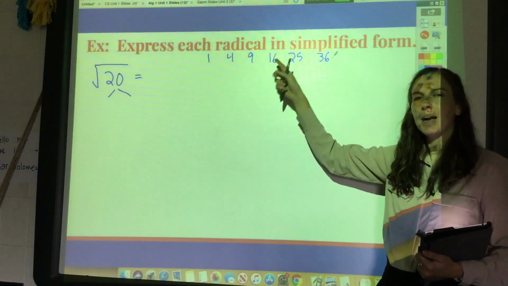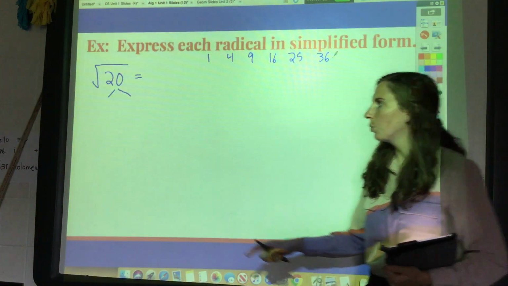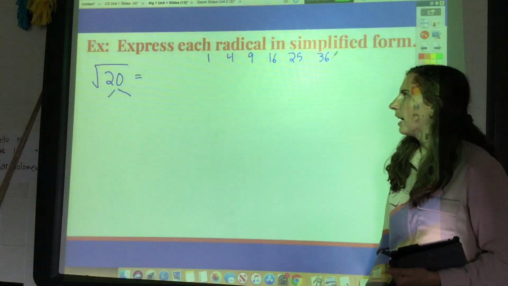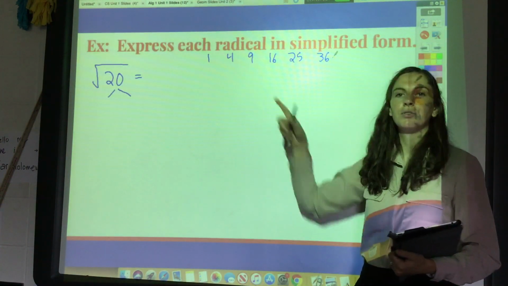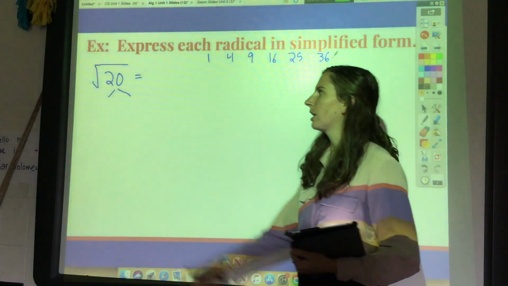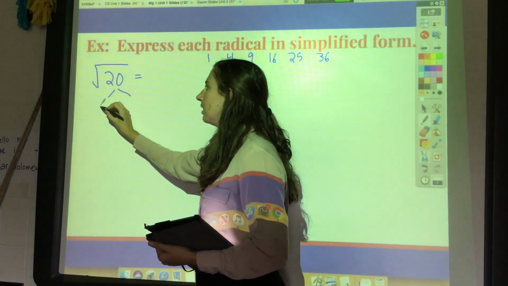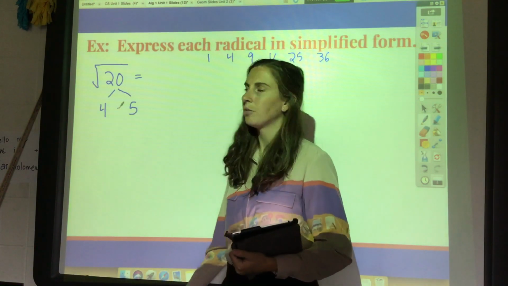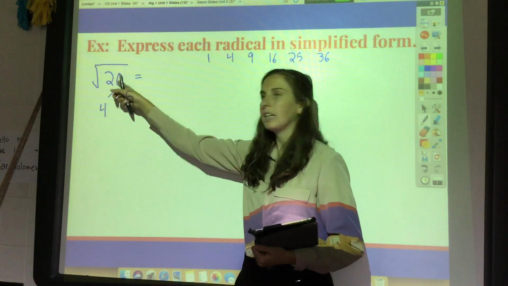So keep these in the back of your mind. Which of these divides into 20? The answer we're looking for would be 4. Basically, we could split 20 into 4 and 5, or 4 times 5, because 4 times 5 is 20.